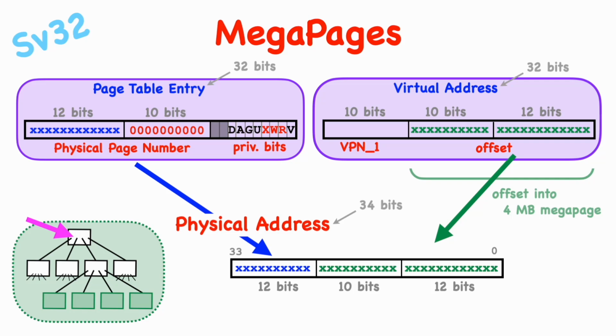This would give an address that will necessarily be aligned to a 4 megabyte boundary. Then it takes not just 12, but the lower 22 bits from the virtual address as the offset into the 4 megabyte mega page, and it glues them together to produce the final 34-bit physical address.